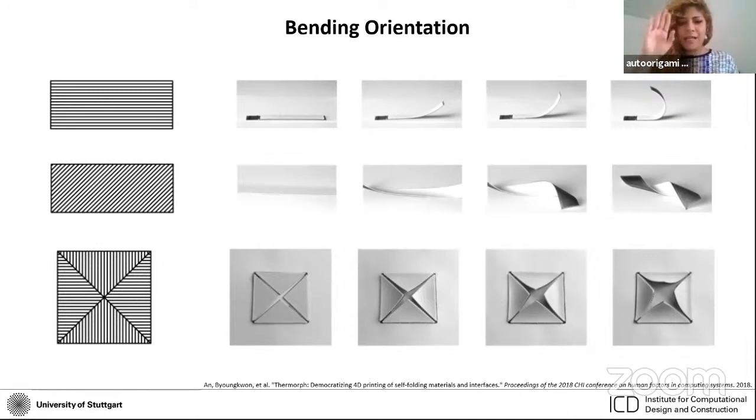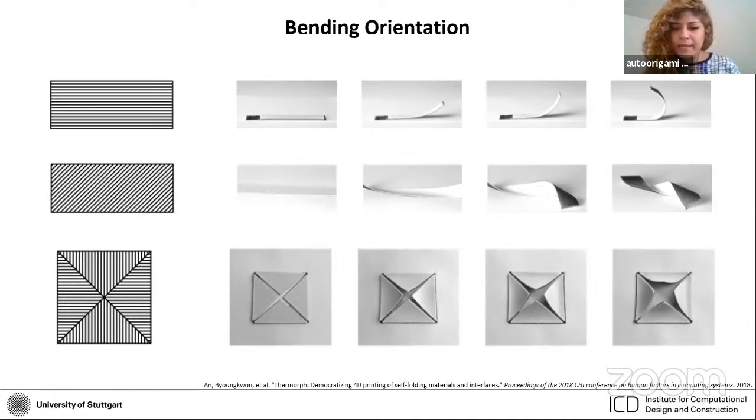This is because it wants to bend in this 45-degree direction, the direction that is shown on the left-hand side image. And as it is bending in that direction, the overall strip just twists around itself.